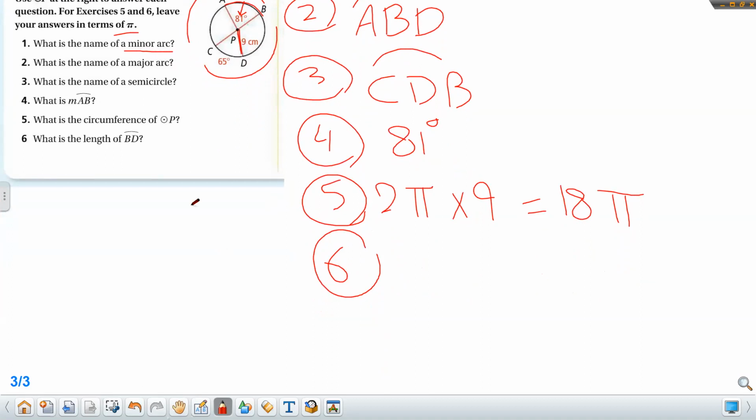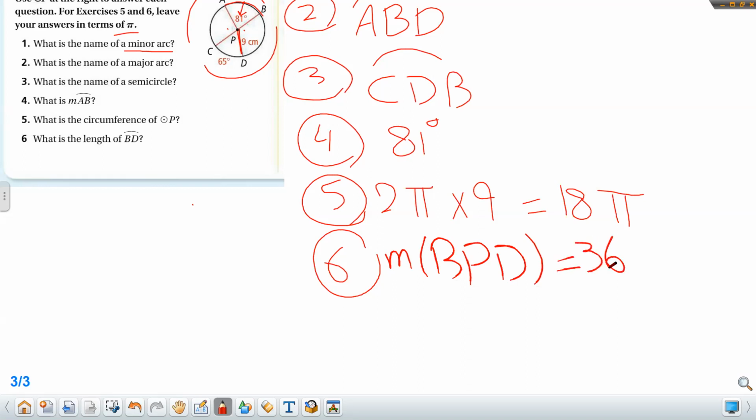First, we know the measure of angle APC equals the measure of angle BPD. They are equal, so we can find each of them. For example, the measure of angle BPD equals, what's the sum of the circle? 360.